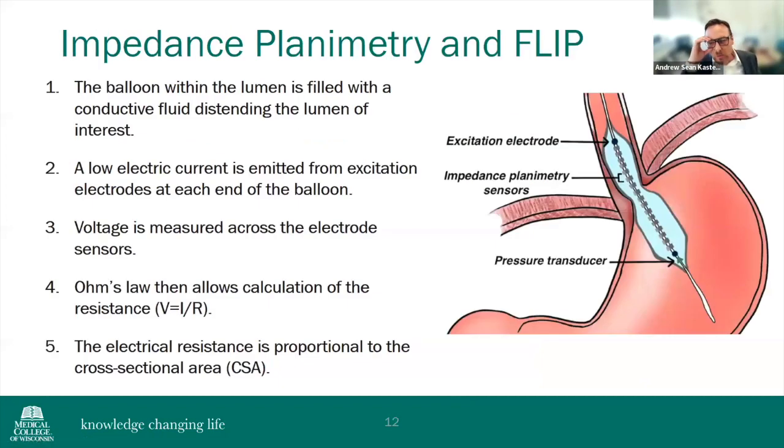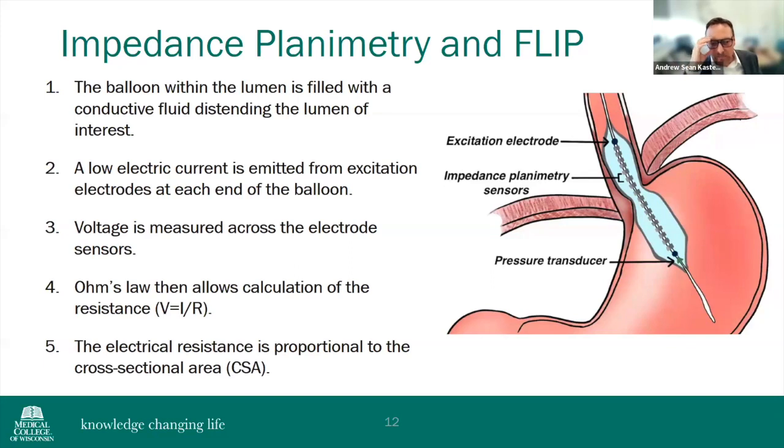So how do we do impedance planimetry? Well, the balloon is placed across or within a lumen, usually across the GE junction, and then the bag is filled with a conductive fluid. An electrical current is applied, and voltage is measured across each pair of adjacent electrodes.